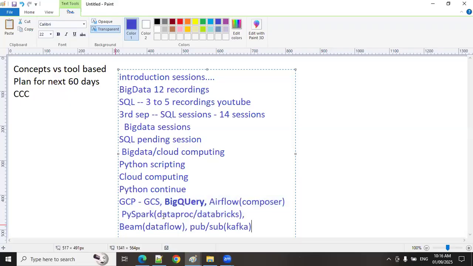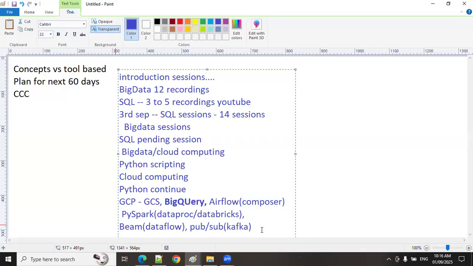Here, GCS is for storing the data. PySpark is for processing the data. BigQuery is for processing and analyzing the data. Airflow is for scheduling and monitoring. Pub/Sub and Kafka are for collecting the data.